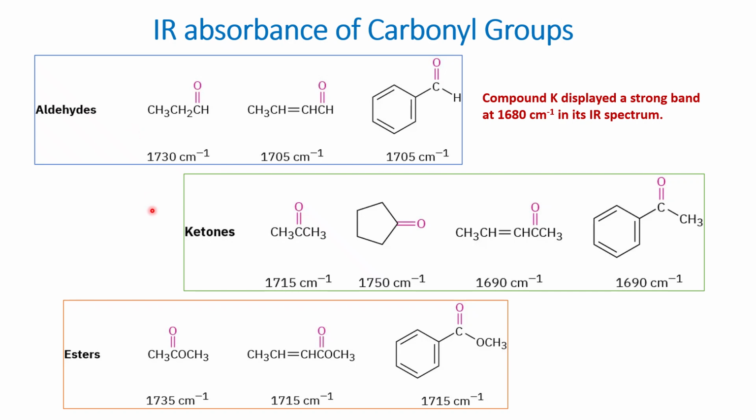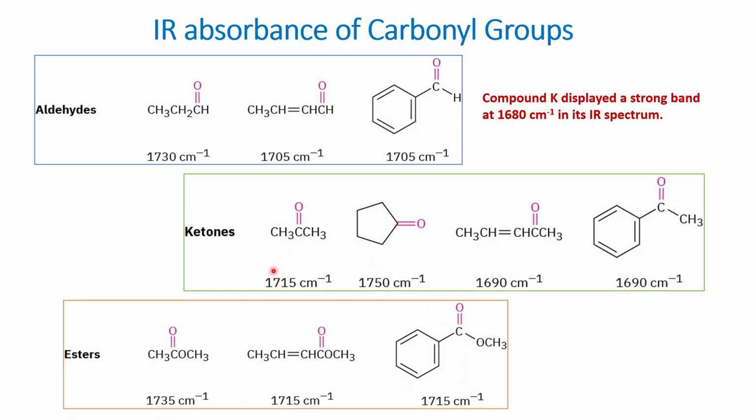Now coming to the absorbance values, we see that in the question it is given as 1680. So in this particular set of values that we have noted down, we see aldehydes and esters are always absorbed at around 1730 to 1705, both for aldehydes and esters.